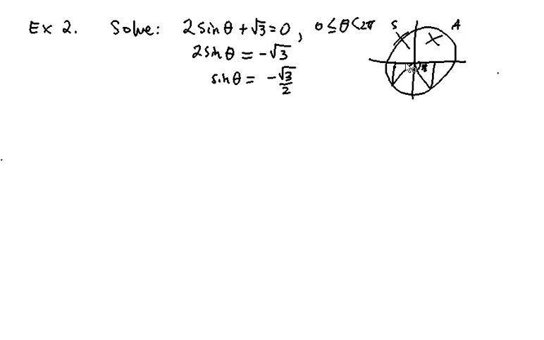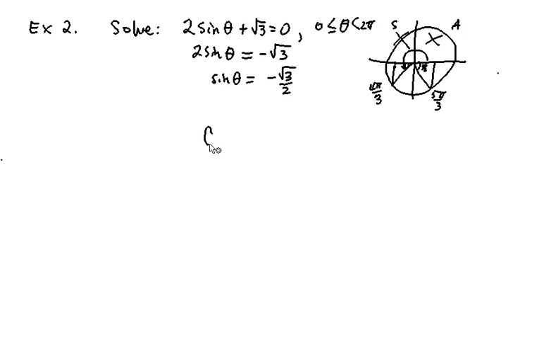If that's pi over 3 and that's pi over 3, well, this angle then must be pi plus pi over 3, so that would be 3 pi over 3 plus pi over 3, so that would be at the angle 4 pi over 3. If I add one more pi over 3 here, that would be 5 pi over 3. So those are going to be my two angles that will make this statement true.